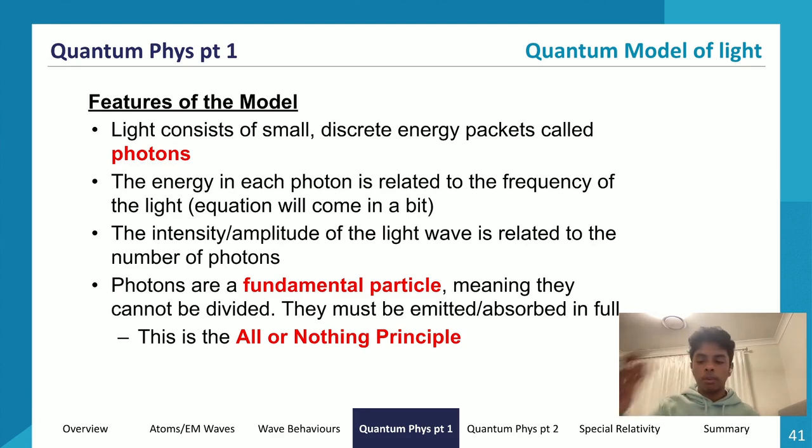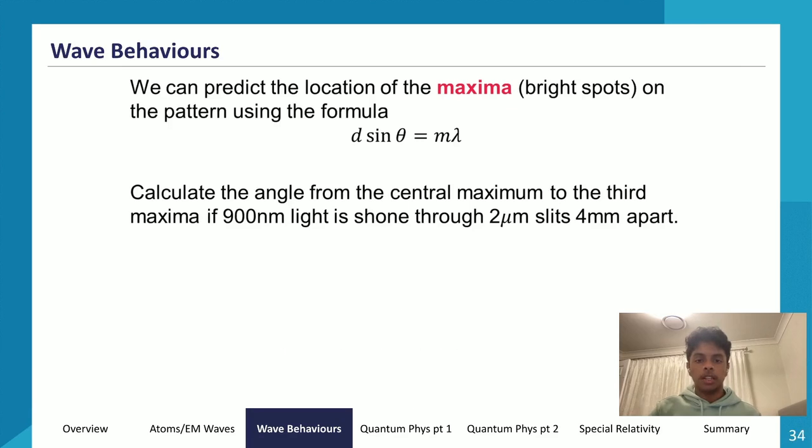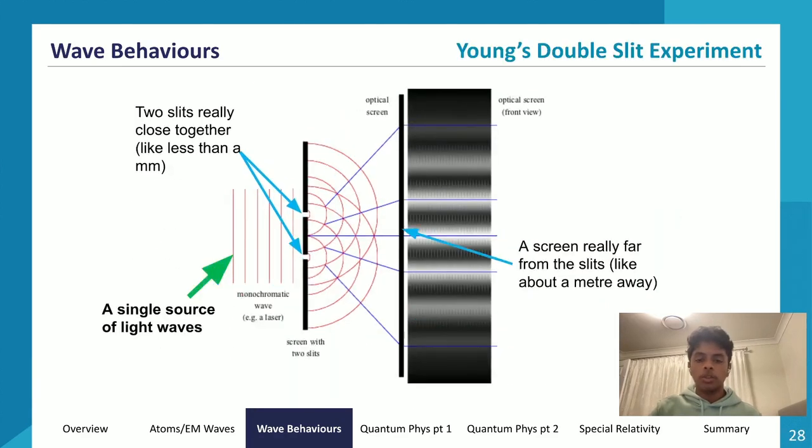Another important thing is Young's double slit experiment. What did it show? The interference pattern; it showed proof of wave interference. Light showed wave properties of interference, displayed by the bright white bands that you could see on the screen. So these bright bands were proof that light could undergo interference and diffraction.